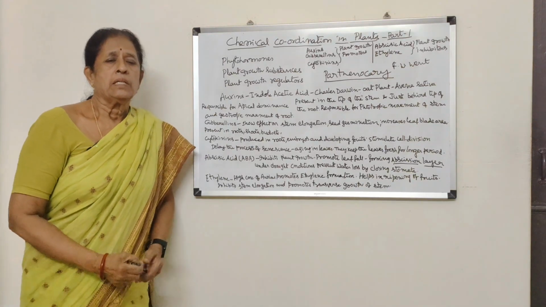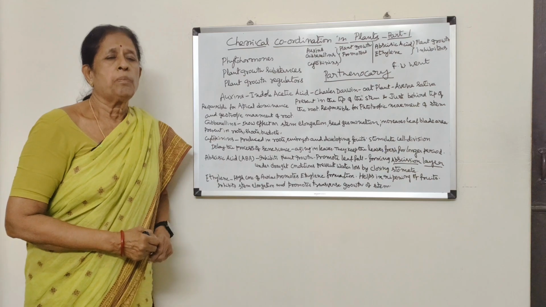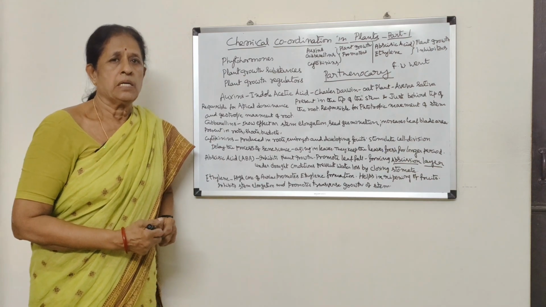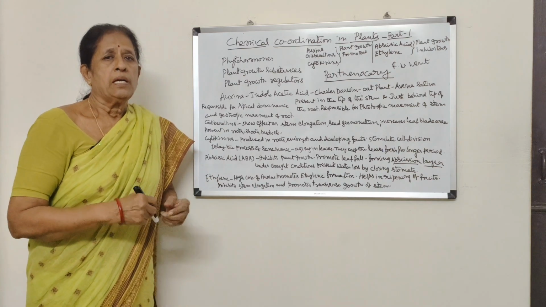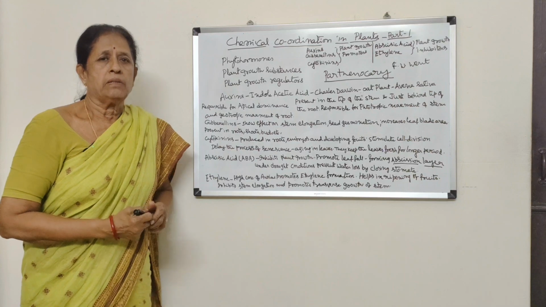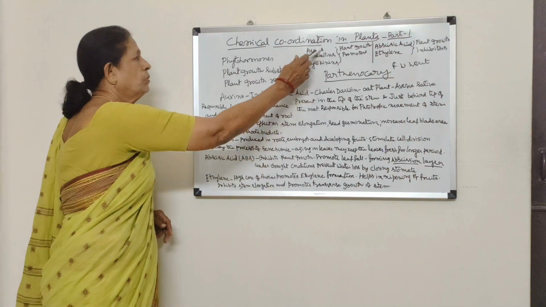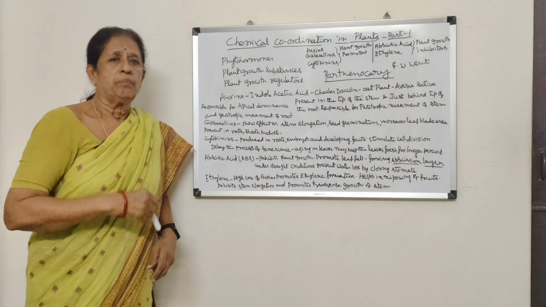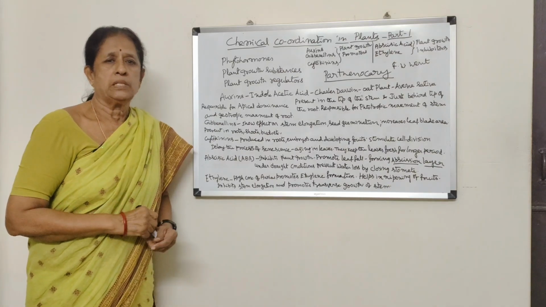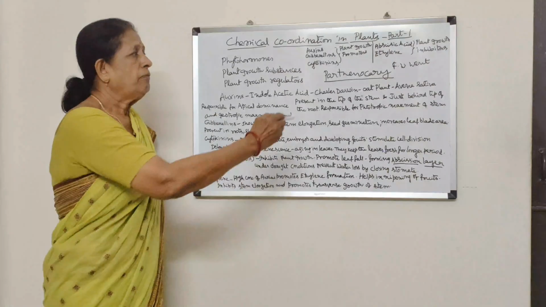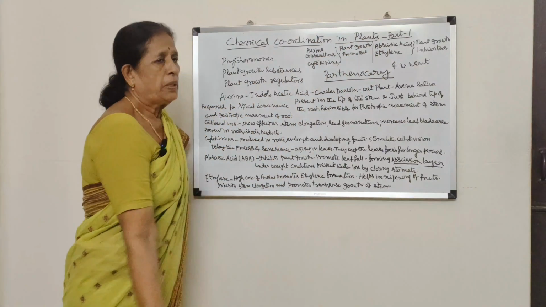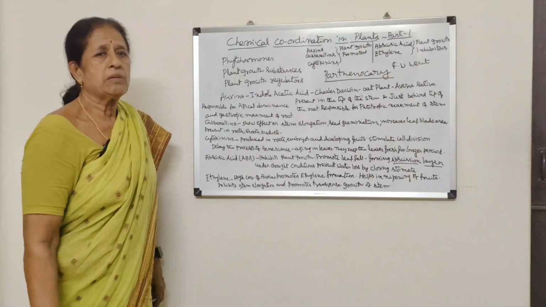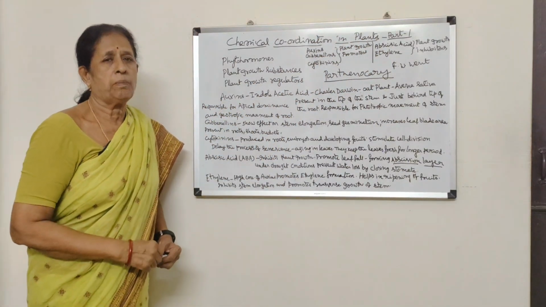So in this way, the phytohormones are plant growth regulators. What do they do? They regulate the growth of the plant. That means under the influence of only plant growth promoters, the plants grow abnormally tall. If only plant growth inhibitors function, growth will not take place.